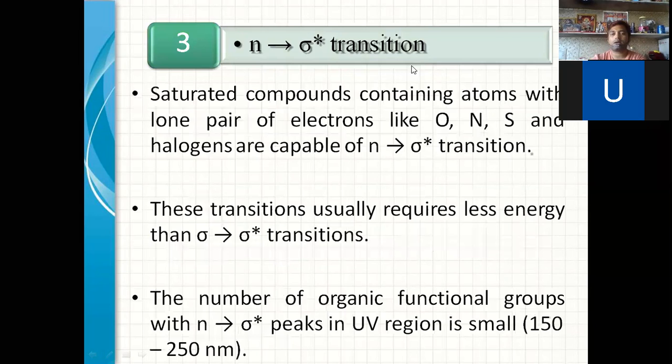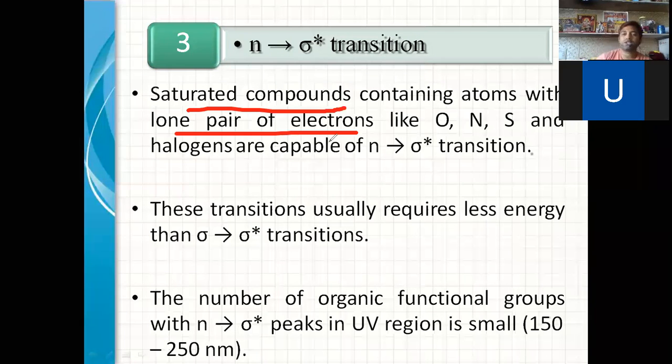Non-bonding to sigma star transitions. Saturated compounds containing atoms with lone pair of electrons, like oxygen, nitrogen, sulfur, and halogens, are capable of non-bonding to sigma star transitions.